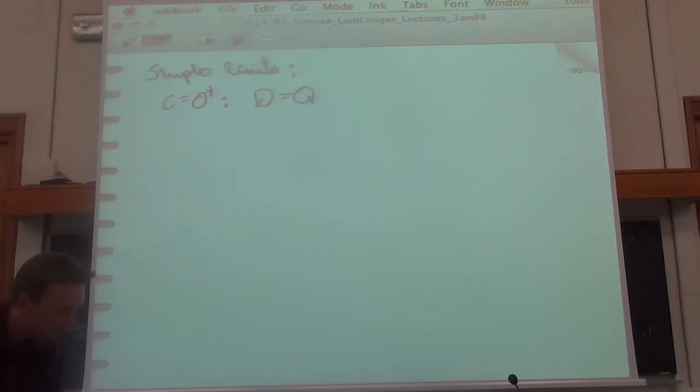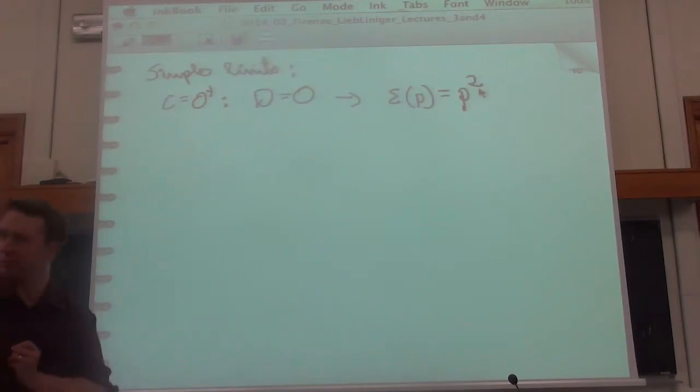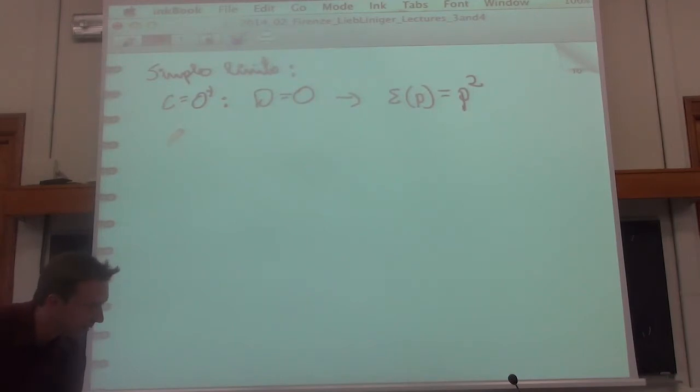And essentially, what you obtain is that the dispersion relation, so the energy you've pumped in for a given momentum, is just p squared. Okay, so you've got free particles, which is great. If you hadn't found that, there would have been a serious problem. More interestingly, if you look at c going to infinity, then the solution for D, you can work it out, it becomes -1/2.